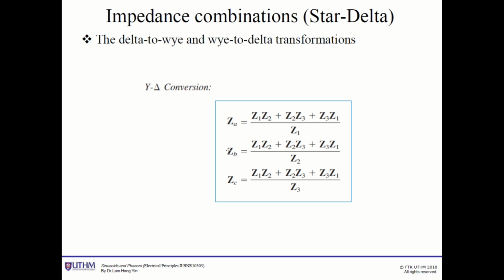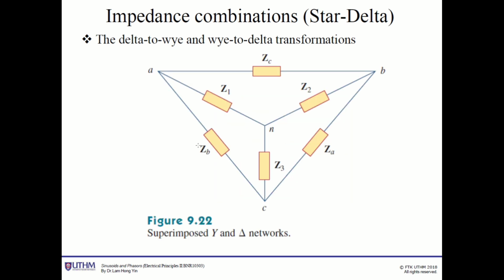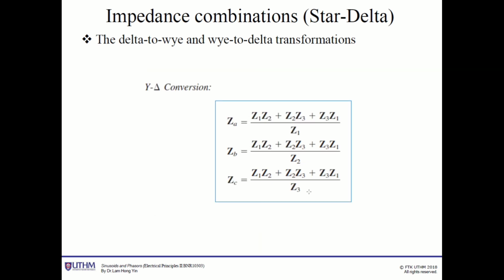Similar to ZB, the division is by Z2. If you want to find ZB, the division is over Z2. Similar to ZC, the division is by Z3. So you need to remember this.